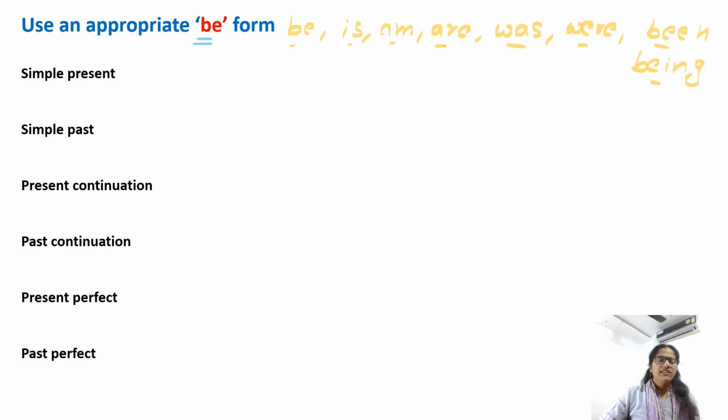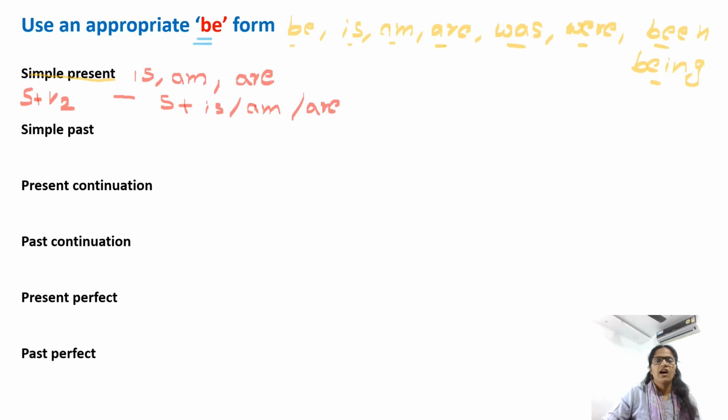If the active voice sentence is in simple present, what is the structure of simple present? The structure of simple present in active voice is subject plus V1. But in passive voice you need to add an extra be form: is, am or are. What will be the structure in passive voice? If the sentence is in simple present, subject plus is, am or are plus the V3 form of a verb plus object.